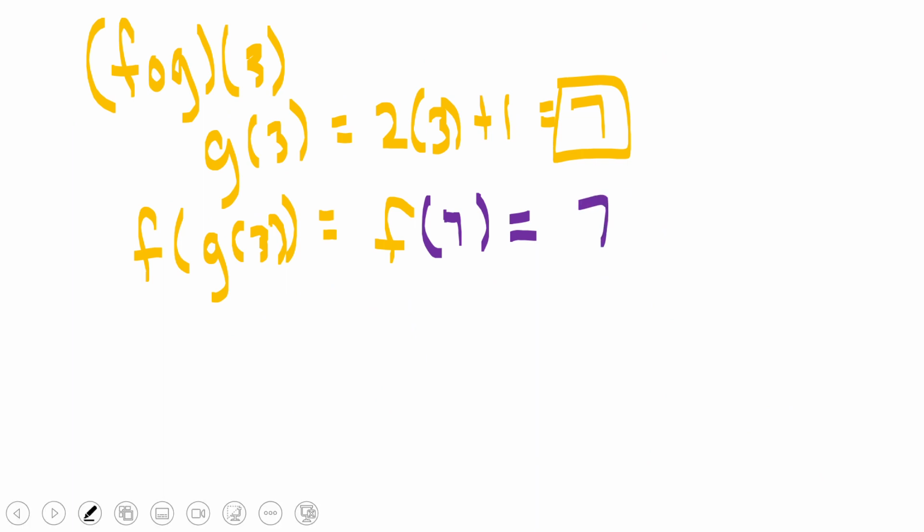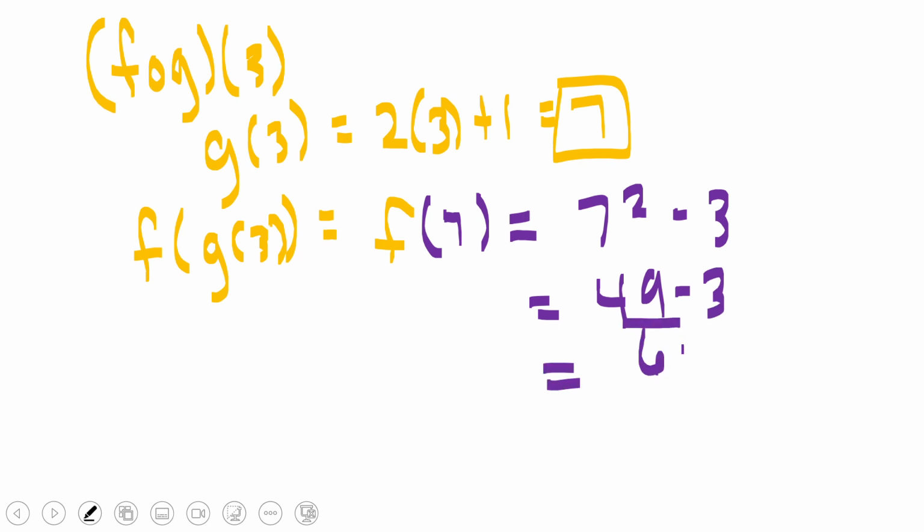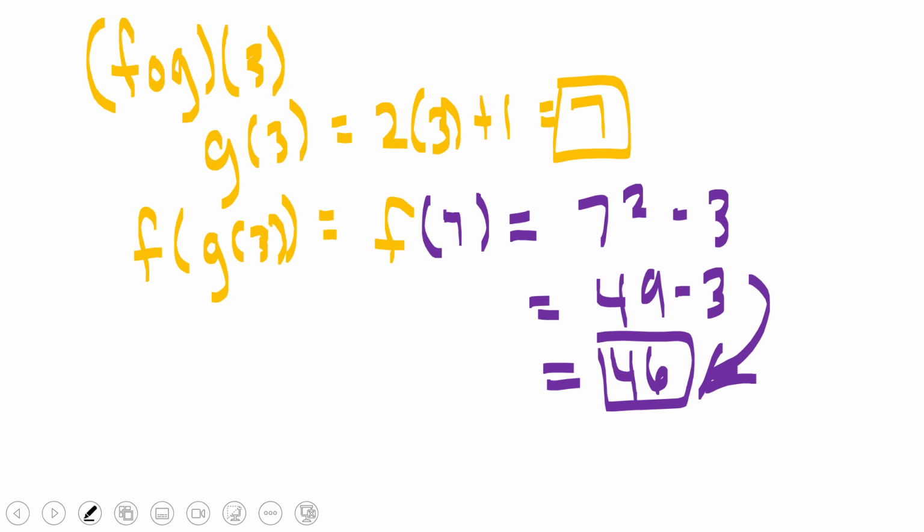We're going to have 7 squared minus 3, which equals 49 minus 3, which equals 6. Excuse me, 46. Okay, 49 minus 3 is 46.